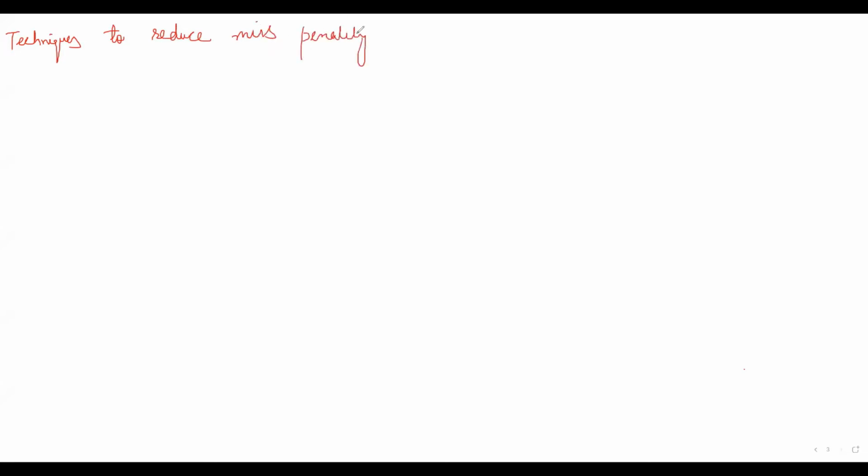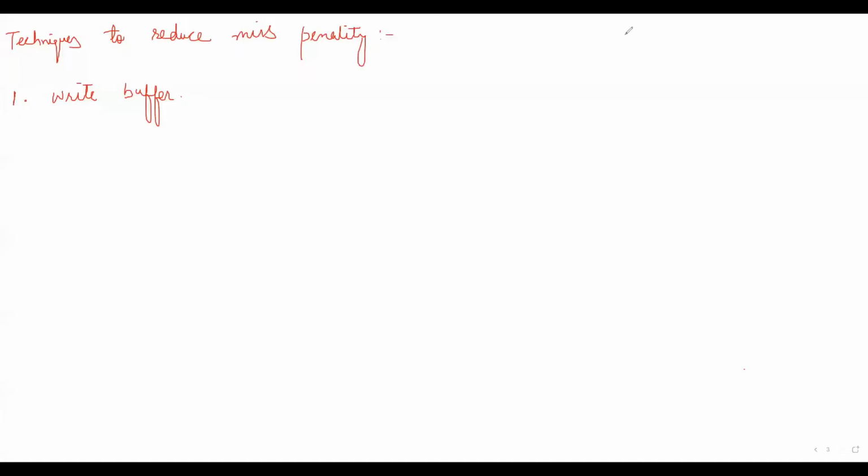So the first one is to use a write buffer. Okay. So let's see how this decreases the miss penalty. Let's suppose we have to do a write.